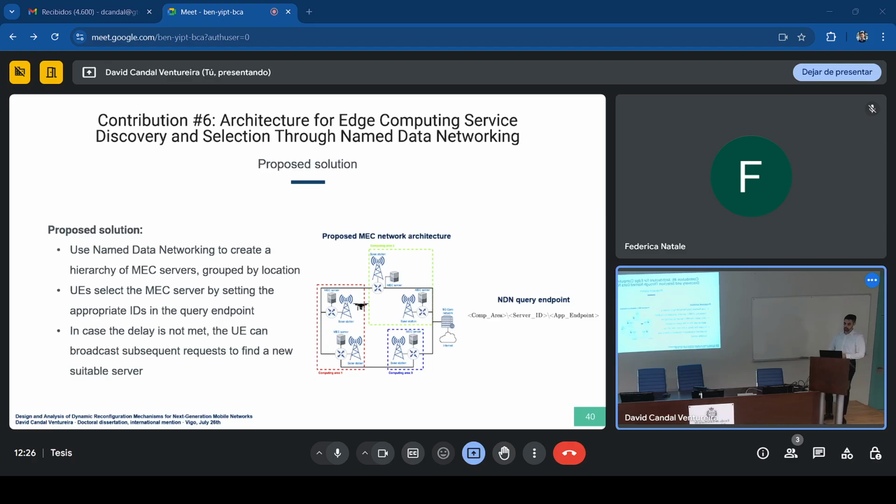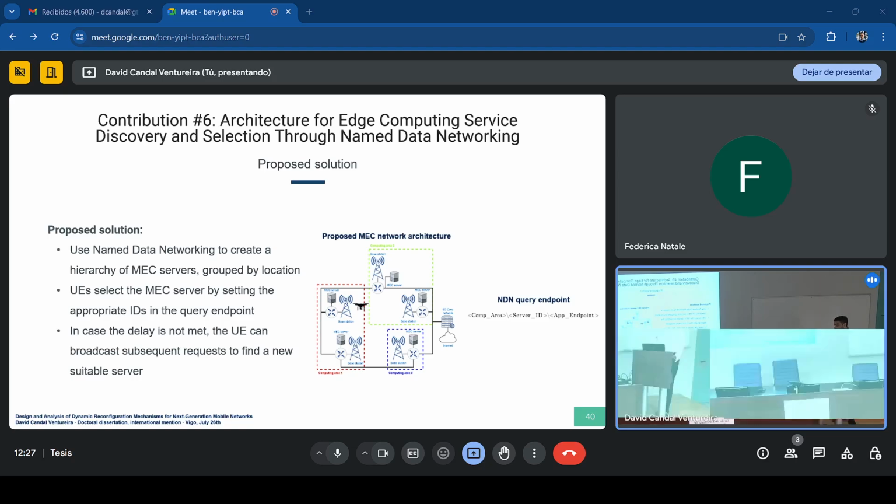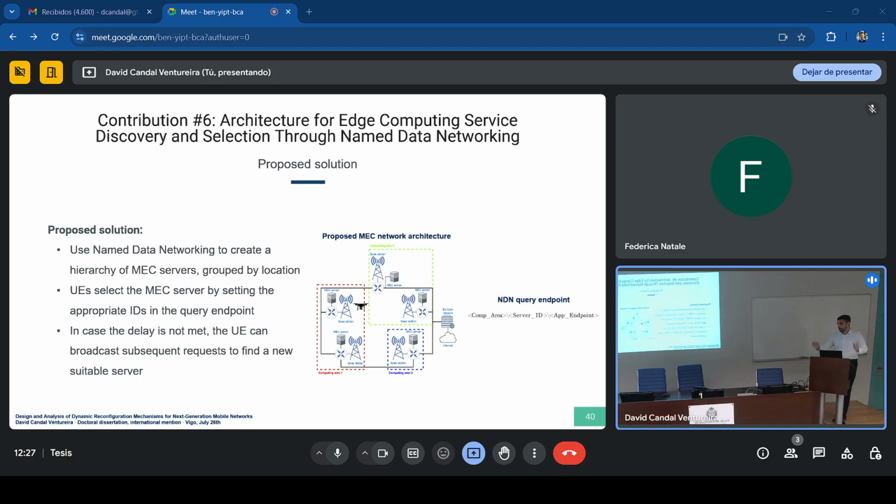The end device will keep the ID of the server from which it received the first response, the fastest response, and subsequent requests will target this specific node, as it will be considered the optimal node, at least at that time.